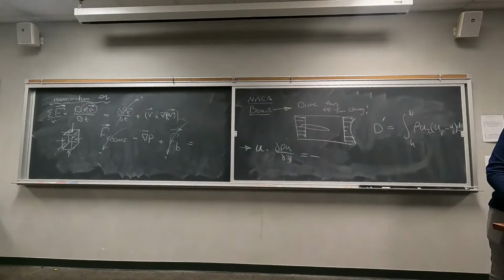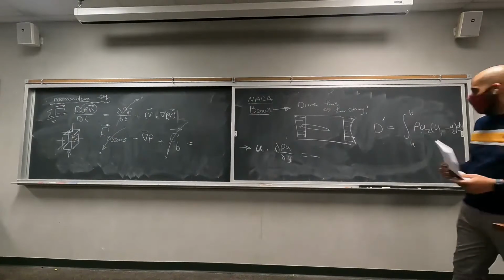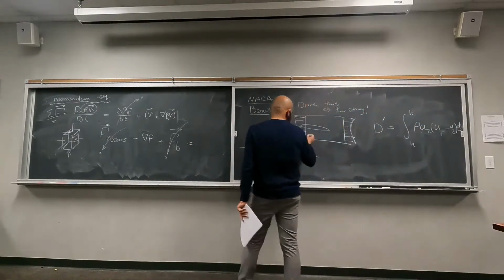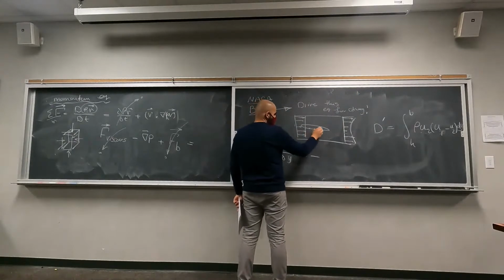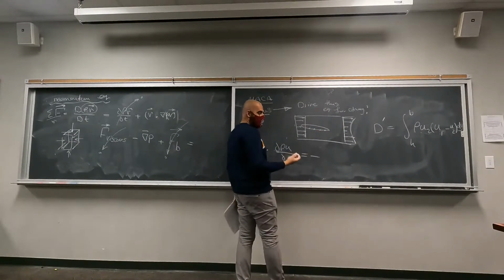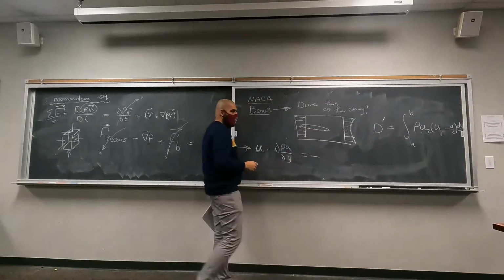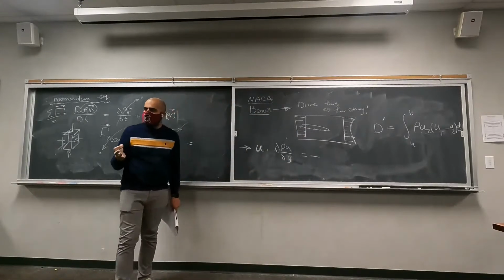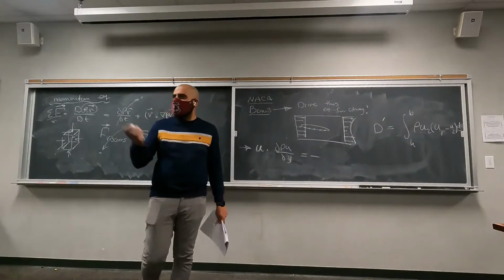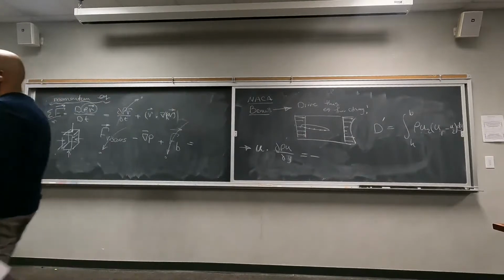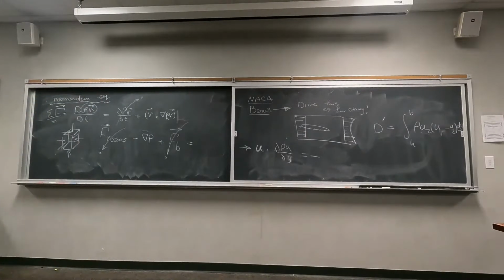Okay, but it is really hard to put a pressure measuring device in the 1920s that doesn't disturb the flow. You don't want to disturb the flow. I didn't hear you.